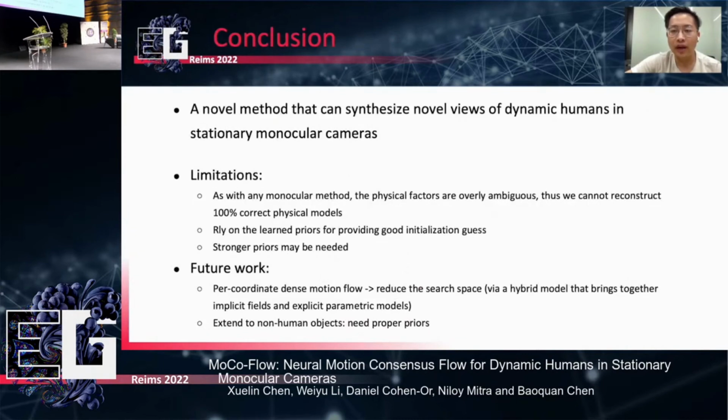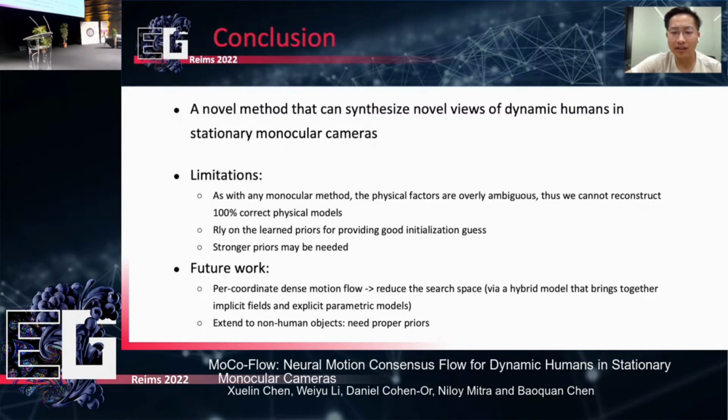Thus, to conclude, we have presented a novel dynamic NeRF technique for synthesizing novel views of dynamic humans from stationary monocular cameras. There are nevertheless limitations to our method in its current form. As with any monocular method, the physical factors are overly ambiguous.